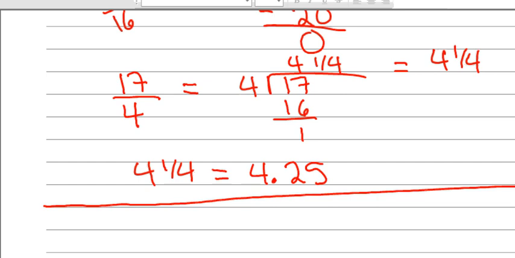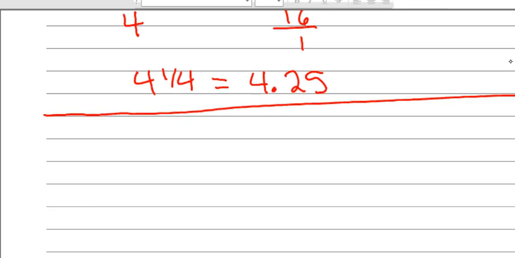Let's try one more, and again I'm getting these off of the top of page 456. You have the book or the e-book. Let's try one more, 13 over 20. And again, I'm going to change that to a decimal.